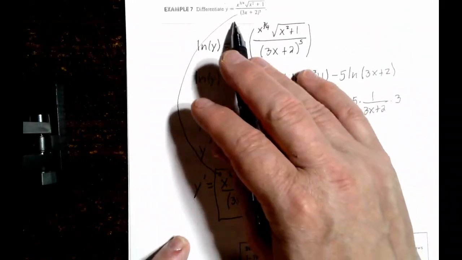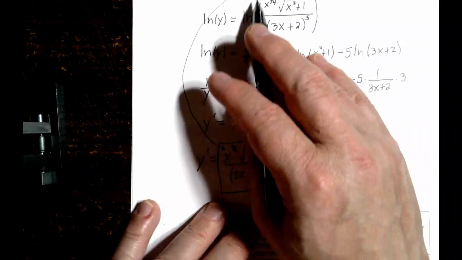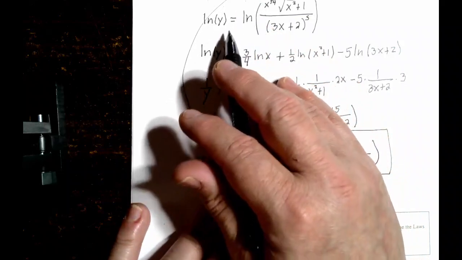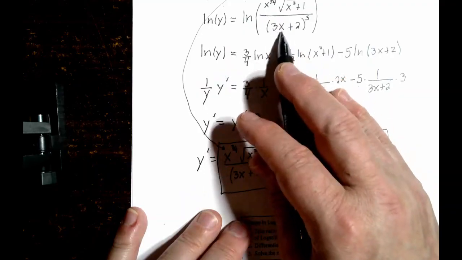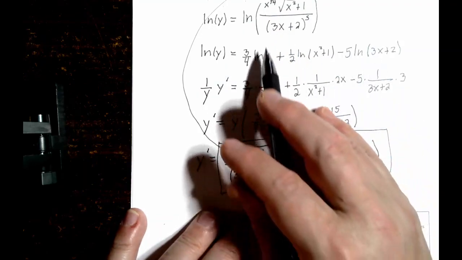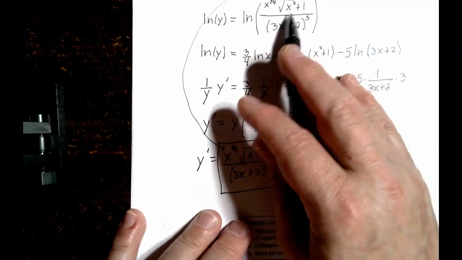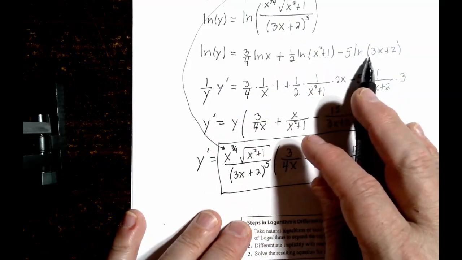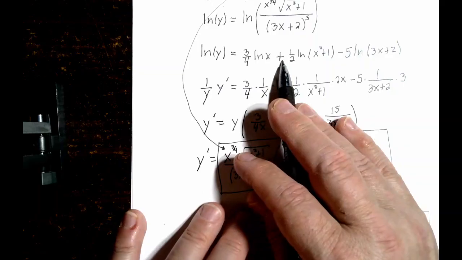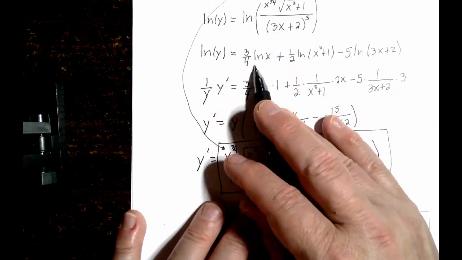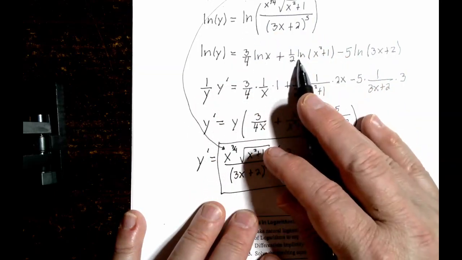What's the derivative of y equals this? Well, if you rewrite this using logs, you take the natural log of both sides. That allows you to break this guy up into a lot of smaller pieces. It's ln of the top minus ln of the bottom. And the top is two things multiplied, so they break up into addition. And the 3/4 comes out front, and the 1/2 comes out front.